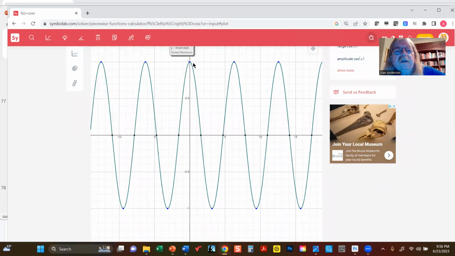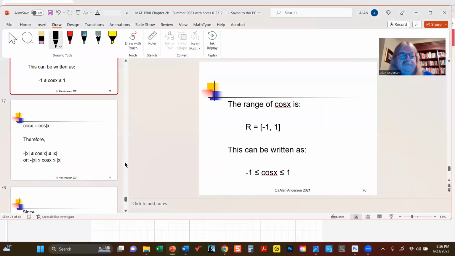And if you notice, it never goes above 1 or below -1. So the range of this function is between -1 and +1, which is equivalent to saying that this function will never go outside the range -1 to +1.